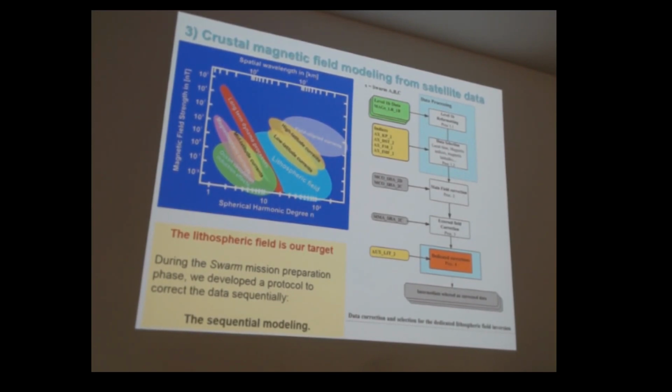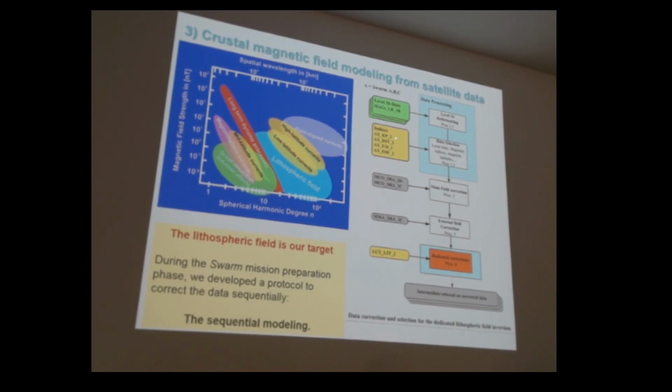This is from Swarm, for instance. You get the three data sets. You put them here in the database. Then you use observatory products like Kp, Dst. Have you heard of these indices? Yes.